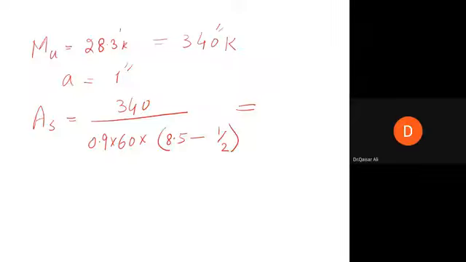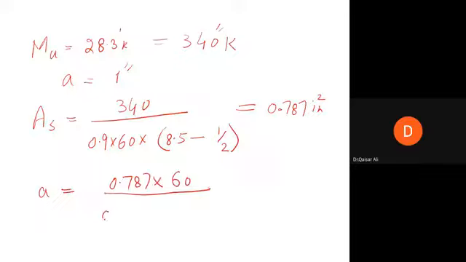So 340 divided by 0.9, divided by 60, and then divided by 8 is equal to 0.787 square inch. We will recalculate small a: 0.787 times Fy, which is 60, divided by 0.85 fc prime, which is 4, into 12.